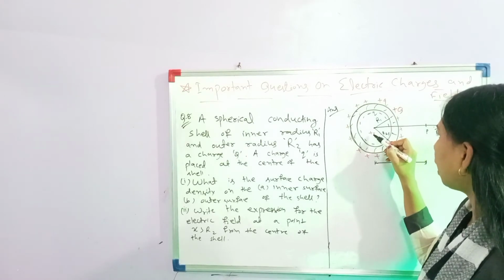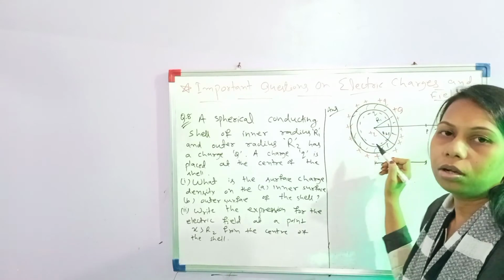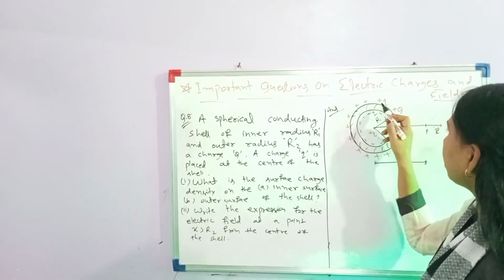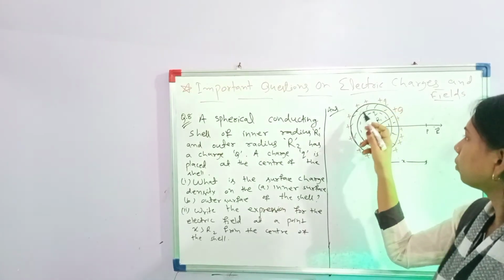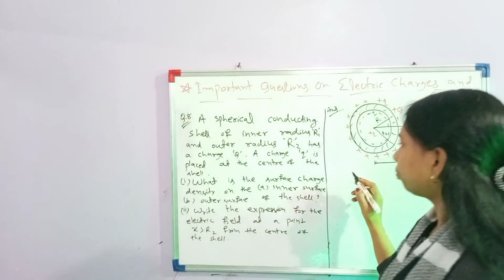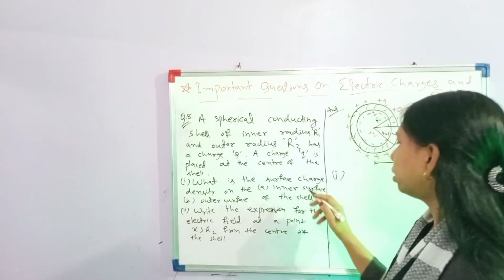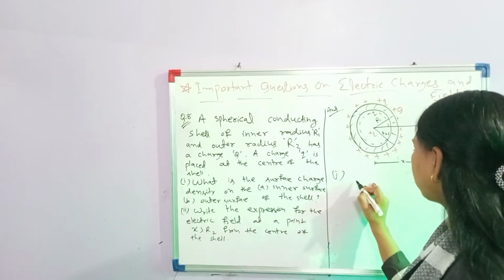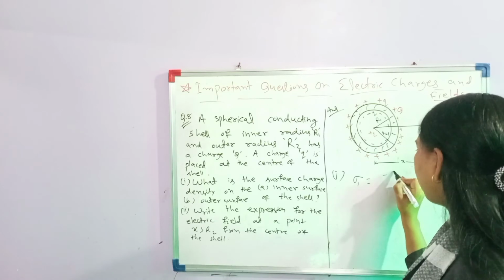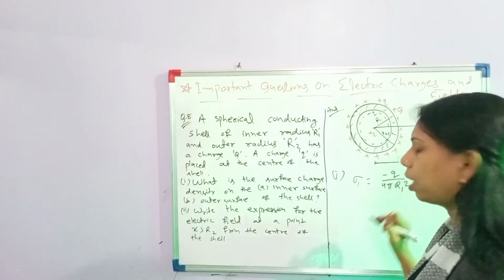So due to this charge, minus q charge will be induced on the inner surface, due to which again plus q charge will be induced on the outer surface. So surface charge density on the inner surface, suppose sigma 1, equals minus q upon 4 pi r1 square.